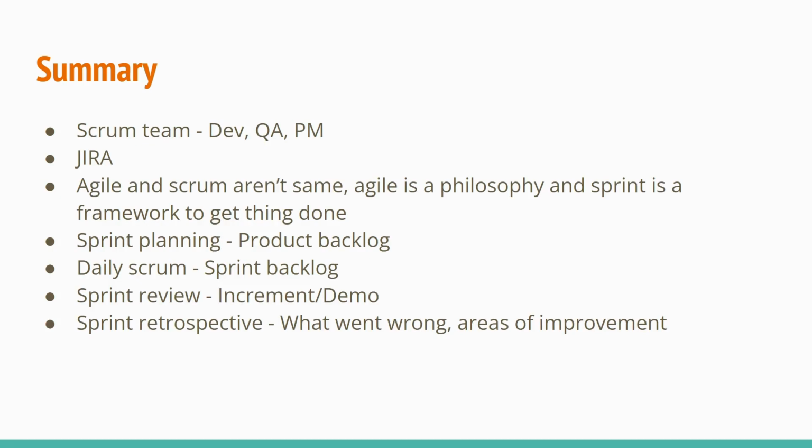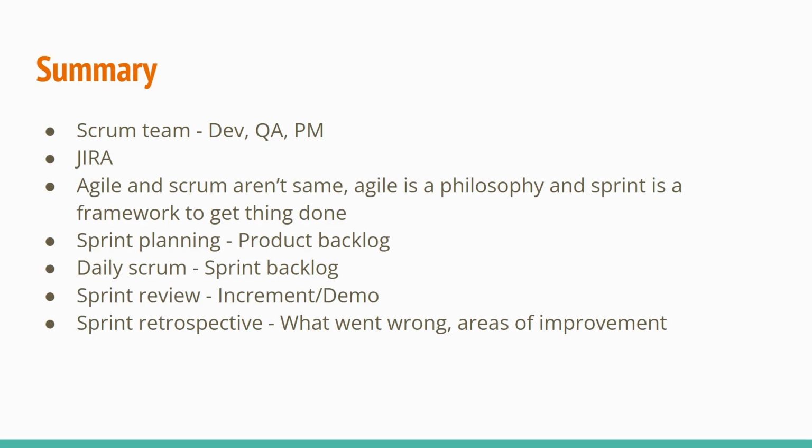So a Scrum team consists of Dev, QA and PM, and Jira. Jira is a very popular tool for Agile. It is used to create the product backlog and sprint backlog. Then proper visibility is there in Jira for the sprints, the different tasks, bugs, everything. It's a kind of repository.